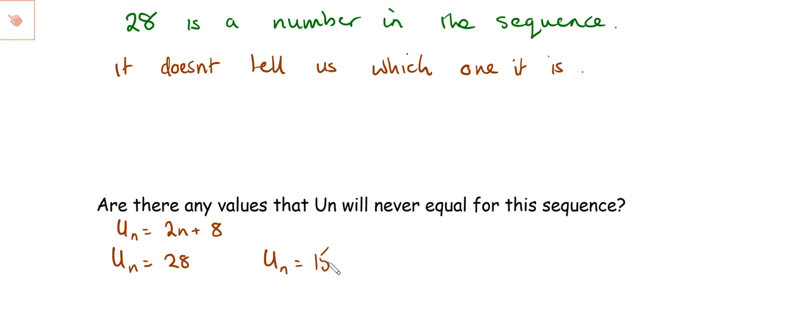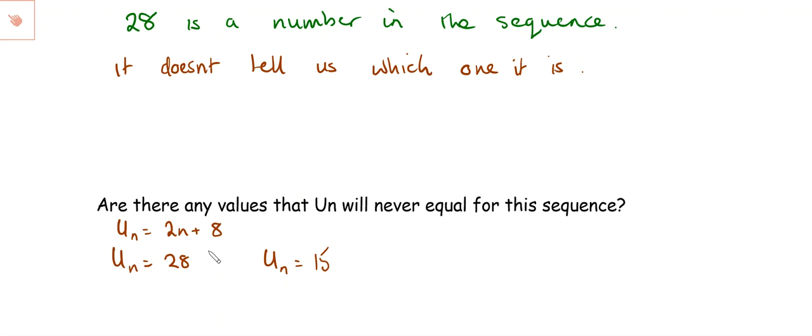Now we could just start doing the sequence and prove that, but what Amara said earlier, which was almost there, is that this sequence is only going to be even numbers because it starts at 10 and goes up in twos.